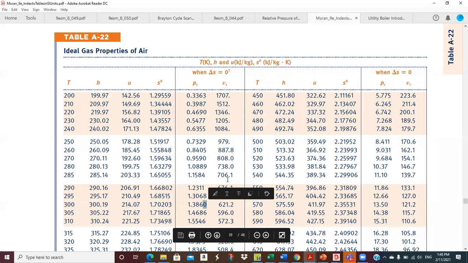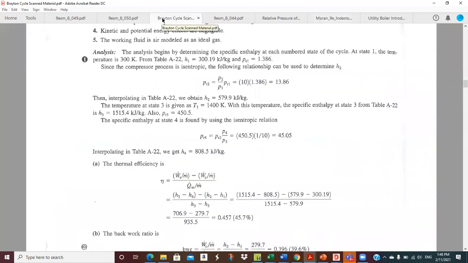And those are the numbers that we had. Since it's isentropic, we can apply this directly. So we calculate PR2. We know PR2 over PR1 is equal to P2 over P1.